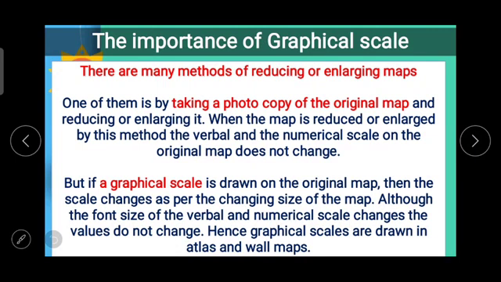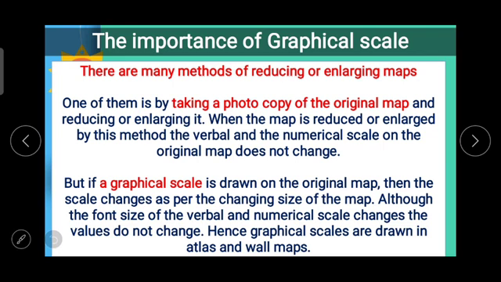Now the next one, the importance of graphical scale. Very often it is necessary to reduce or enlarge the original map, and during that process the scale of the map changes. This is a natural thing.